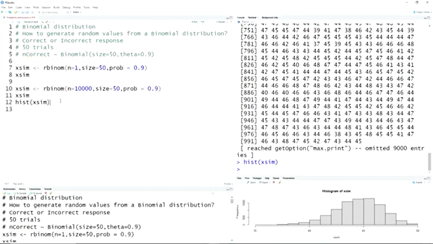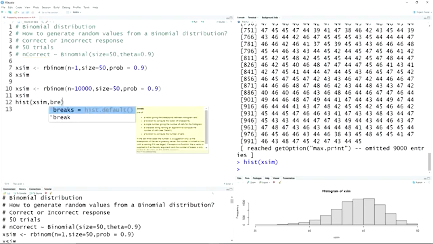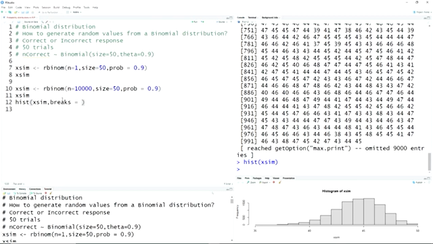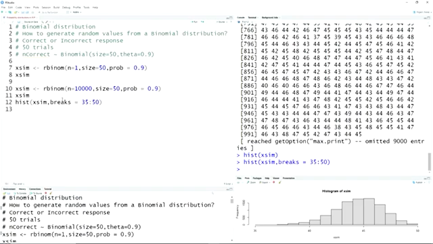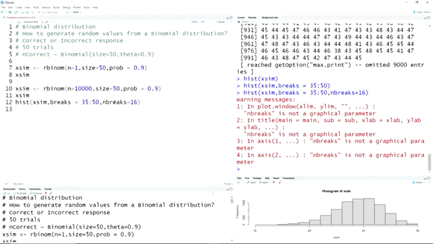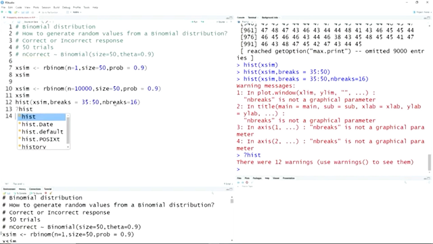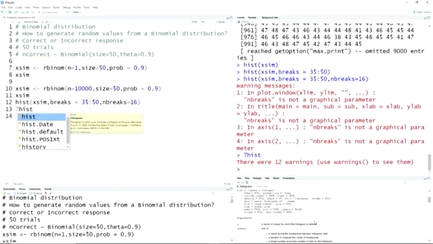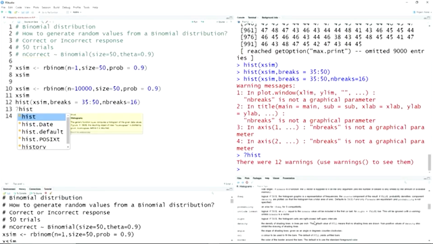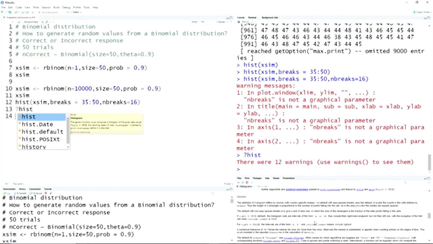Let me see if I can induce breaks here, from 35 to 50. I want to plot each value discretely.